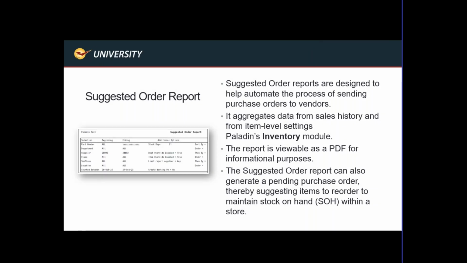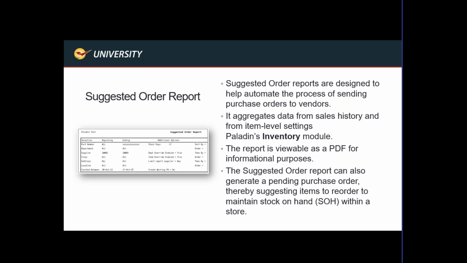So the suggest order report. When you run your suggest order report, you can run it by many factors in the store, whether that's part number, department, supplier, class, subclass, location. And what that allows you to do is say you run your suggest order report for a location in the store. When you recall the purchase order that you generate from the suggest order report, you'll get a window that says, would you like to split this PO based on supplier costs?